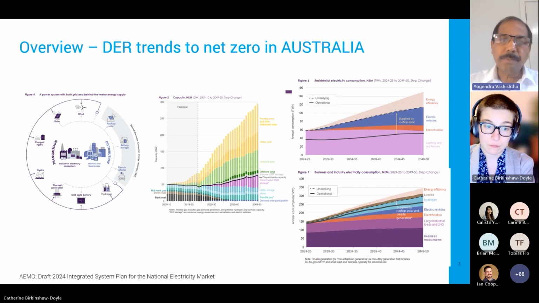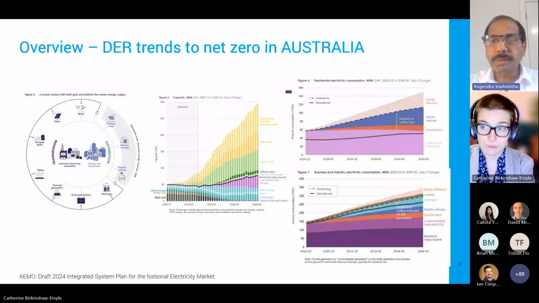So this is the new thing. And the picture on the right, I want to highlight, is that yes, the total throughput of energy in terawatt hours is going to increase many folds, but it also shows that the requirement of electric vehicles will be offset or met by the rooftop solar. So that is where this complexity will come.